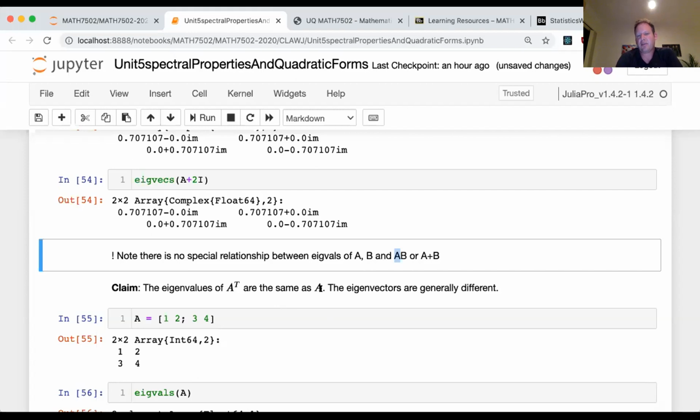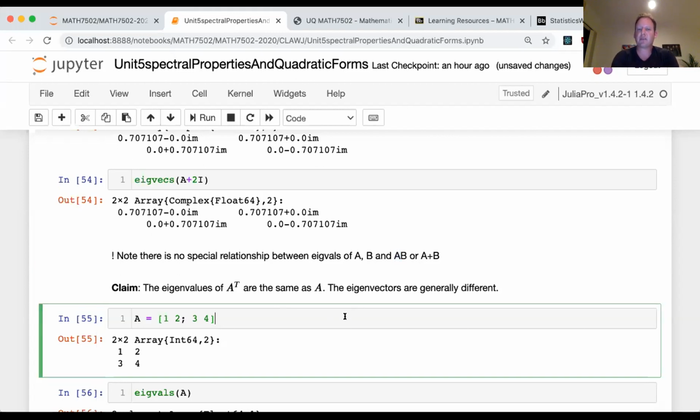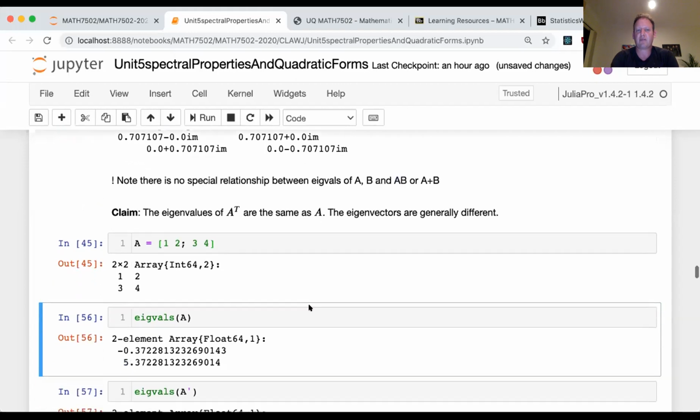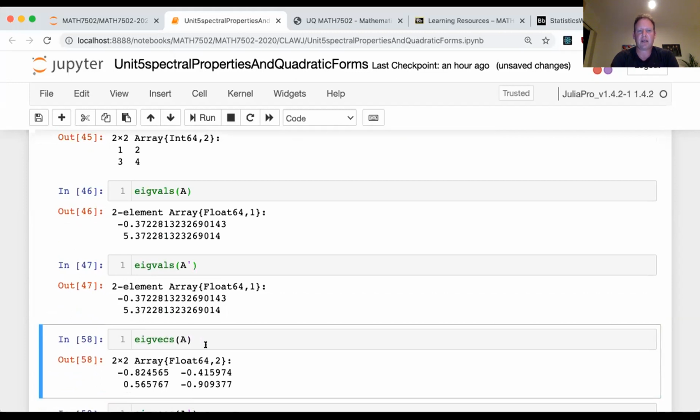Now the next thing is the eigenvalues of A transpose are the same as eigenvalues of A. And you could see this because the determinant doesn't care about transposition. The characteristic polynomial does not change when we do a transpose. However, the eigenvectors are different. So look, this is our matrix 1, 2, 3, 4. It has eigenvalues, and A transpose has the same ones.